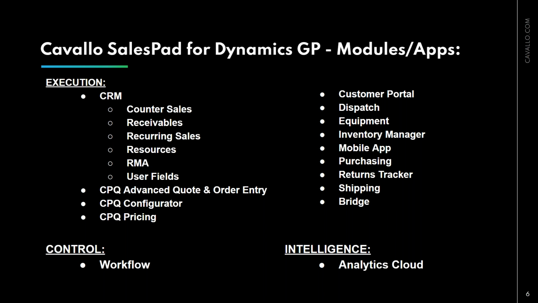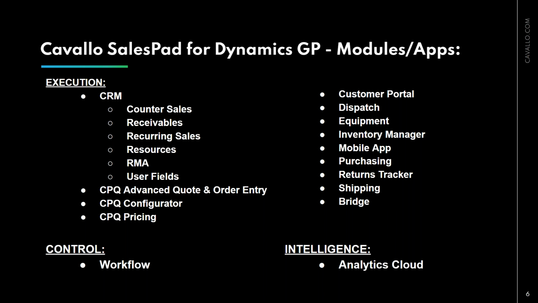So if you remember back on that first slide where I showed you Business Central, if you're still using GP and at some point in the future you say, hey, I may want to move to the cloud. No worries. If you're on Dynamics GP and SalesPad, we can bridge over to Business Central where you can take a slow move to the cloud, using SalesPad as your operational side of the business and then Business Central as your accounting and finance.